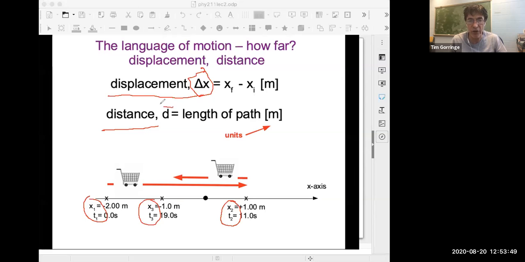And I'll show you how it's distinct in a motion. So for our cart, it moved left to right, and then it moved back from right to left. And on the next slide, I'm going to think about distance and displacement for the cart for the entire trip.